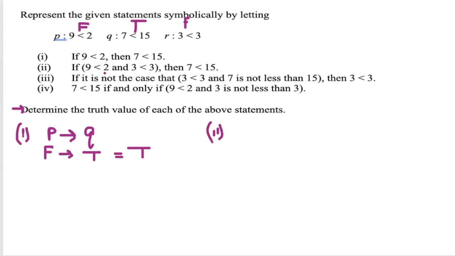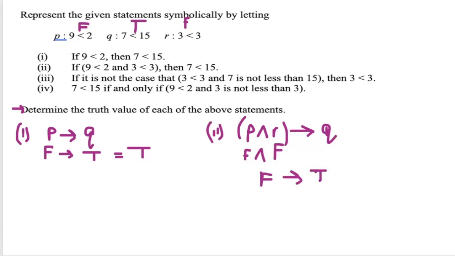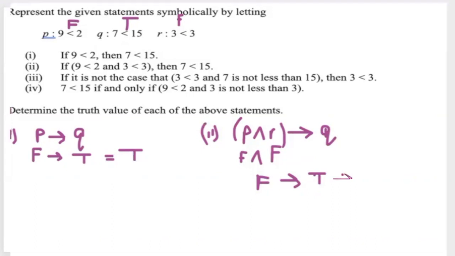We have P and R. So we'll have P and R in brackets, and then imply because of the if and then Q. Now P represents false and R represents false. A false and a false is a false, and then Q represents true. So false implies true is a true.